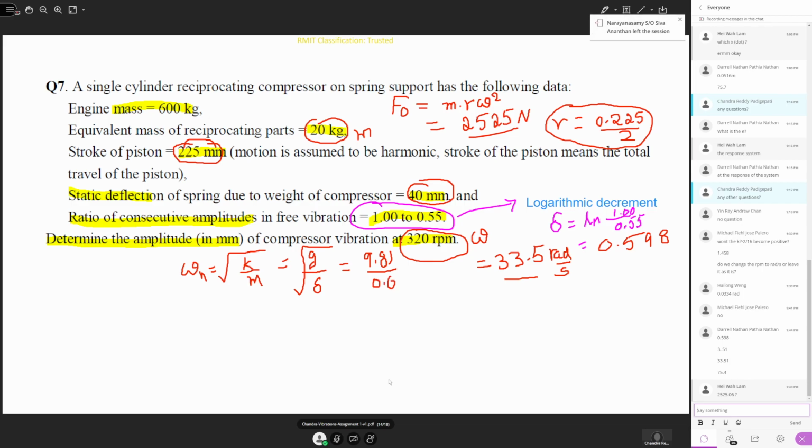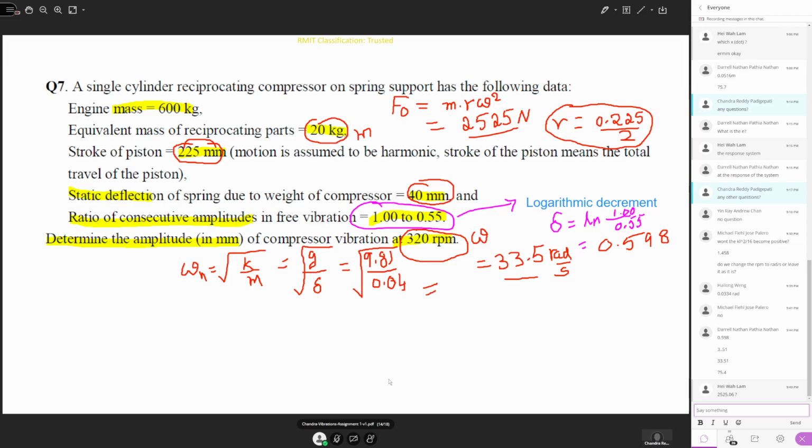Here the system is subjected to gravitational force, so we replace K with mg over delta. M gets cancelled and you have the natural frequency as the square root of g over delta.